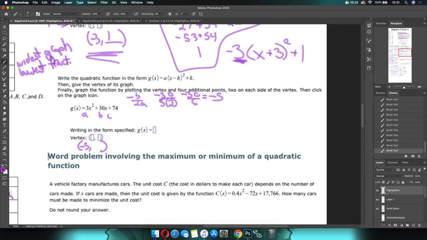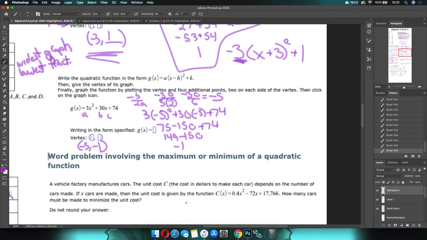So again, opposite b over 2a gives us our x, and now we take that x and plug it into the entire thing. So 3 times negative 5 squared plus 30 times negative 5 plus 74. 5 squared is 25, 25 times 3 is 75, minus 150 plus 74, so that's 149 minus 150, which is negative 1.